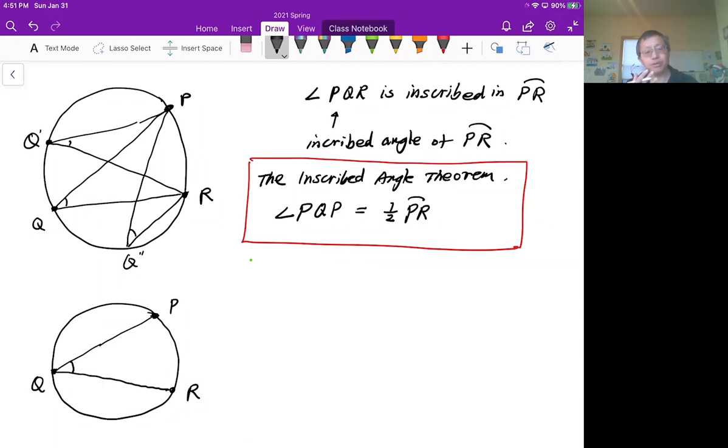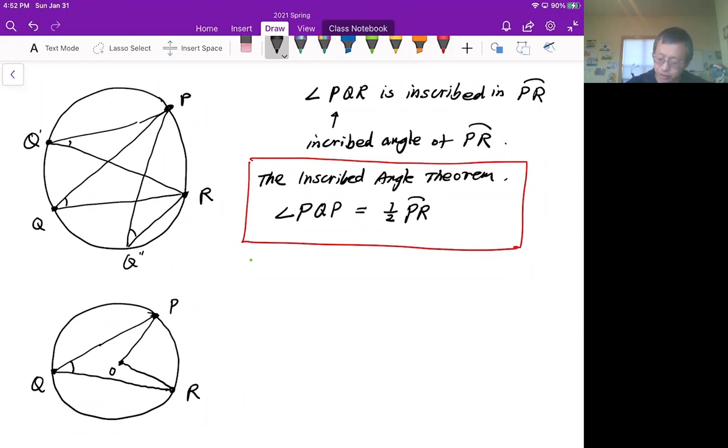But how do you get the measure of the arc? The measure of the arc means the measure of the central angle to P and R. In other words, for the measure of the arc, I have to look at it from the center of that circle.